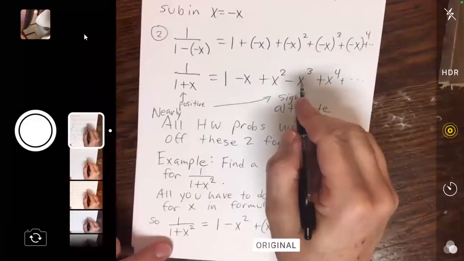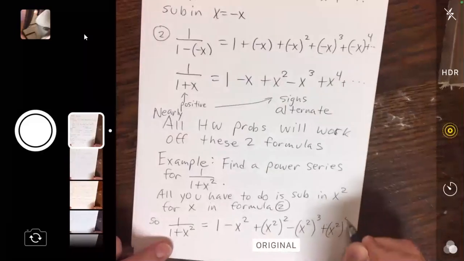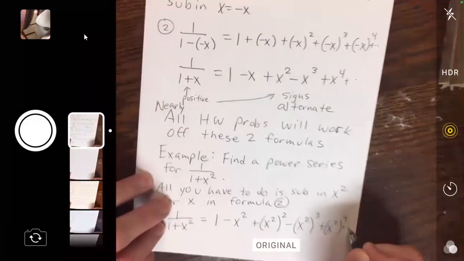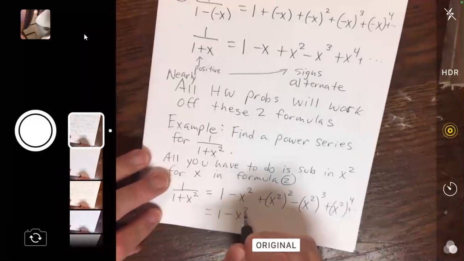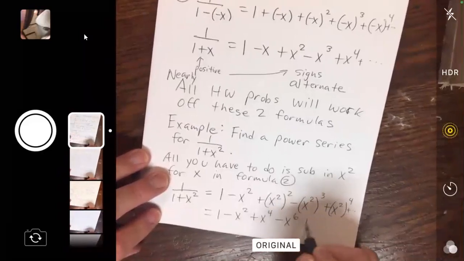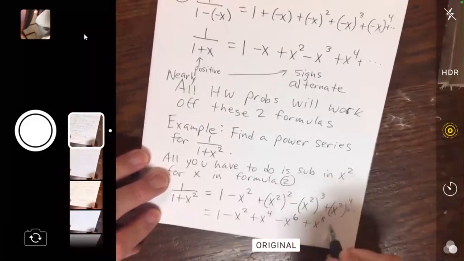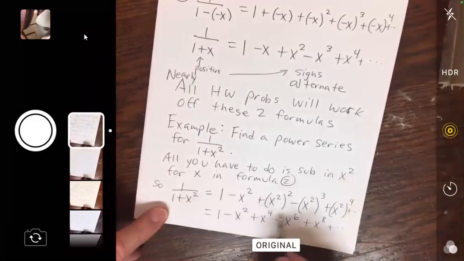See, I put in x squared for the x, but then it's cubed. X squared raised to the 4th, and so on. If you simplify these out, you get 1 minus x squared, plus x to the 4th, minus x to the 6th, plus x to the 8th. Signs still alternate because of this plus sign, but all the powers have turned even.